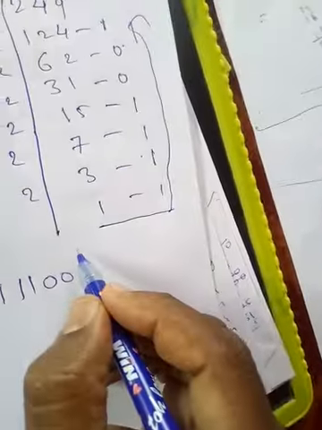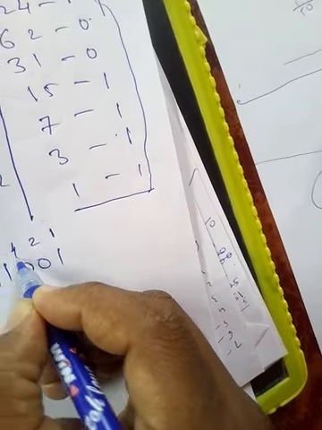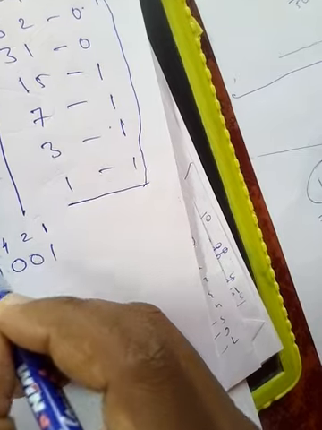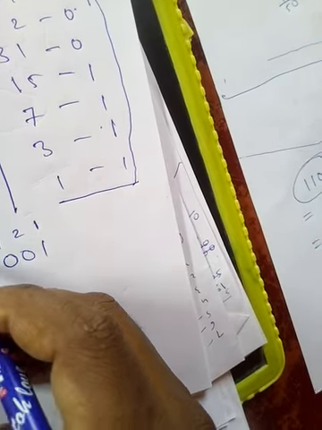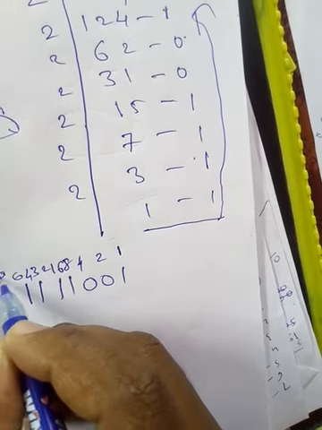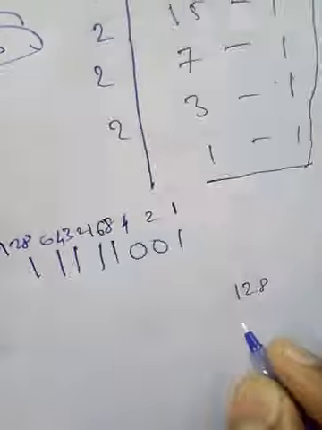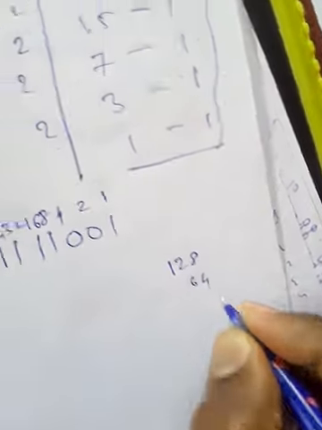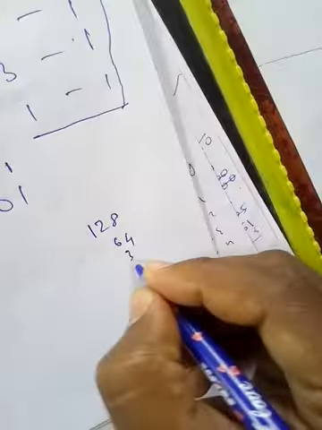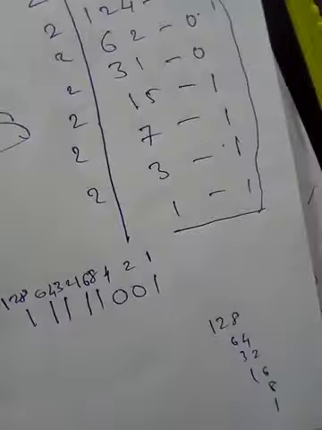You can also cross verify this one using 1, 2, 4, 8, 16, 32, 64, then 128. Here 128, then 64, then 32, then 16, then 8 plus 1.